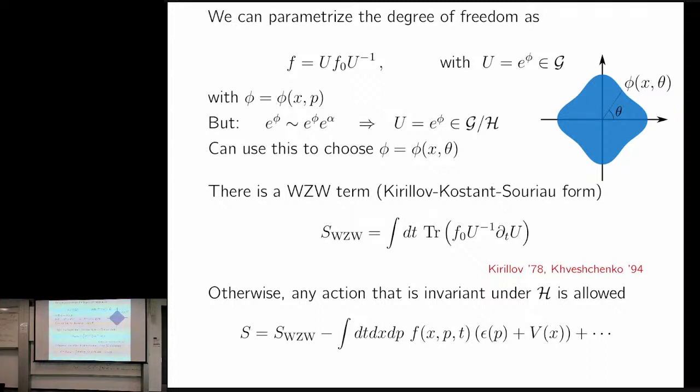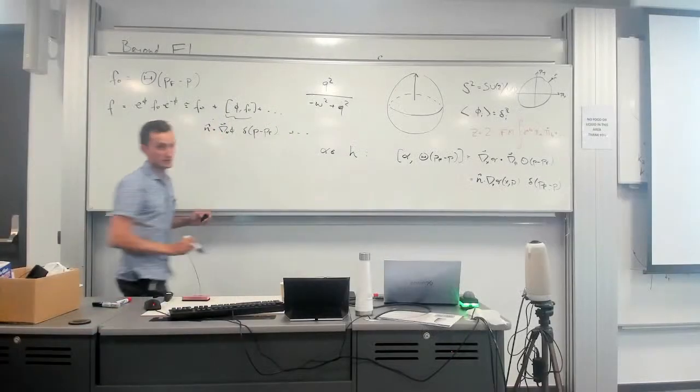At leading order, you'll have things like this. And this quantity here, F0, just depends on P. But really it depends on the norm of P, so this will again be this n hat vector localized at the Fermi surface. Okay, and there's going to be higher order terms that you can get using this algebra.